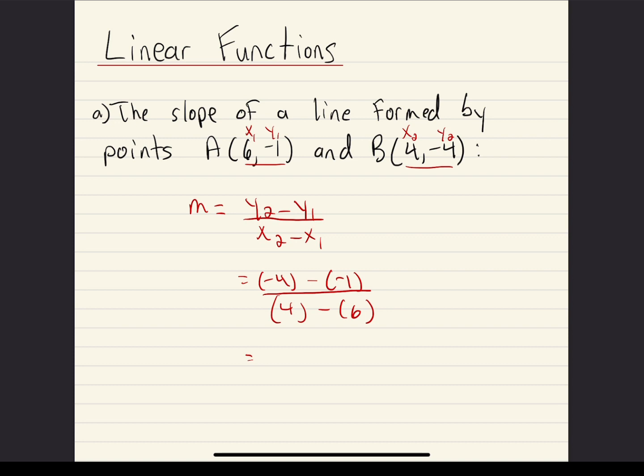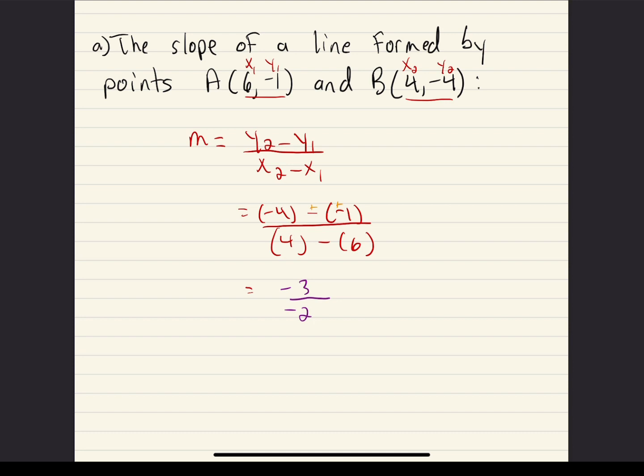And so two negatives make a positive, so that would give us -3, and then 4 minus 6 is -2, which a negative divided by a negative is going to simplify to 3/2, and that would be the slope.